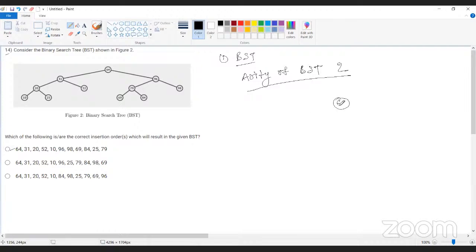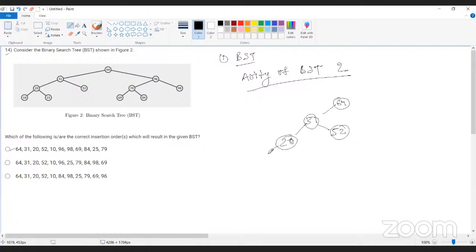So 64, then 31 is less than 64. Then 20 is also less than. Then 52 is less than 64 but greater than 31.